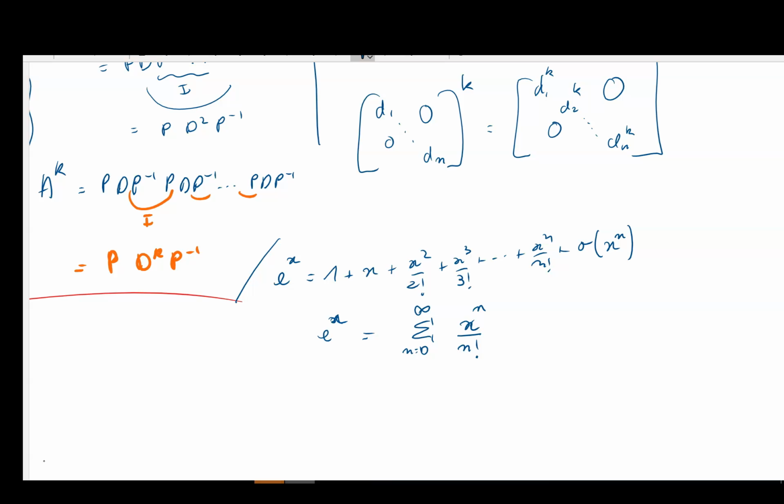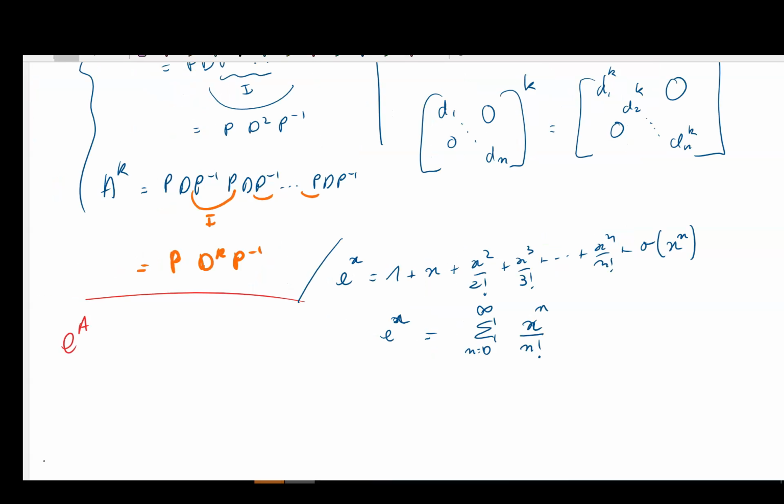For n equal 1, you get x, for n equal 2, x squared over 2 factorial, etc. What we will learn is that this is actually true everywhere. So this way, we will also define the exponential of A as the infinite series, maybe I shouldn't choose n, the sum for p equal 0 to infinity of A power p divided by p factorial, because we've already defined A power p.